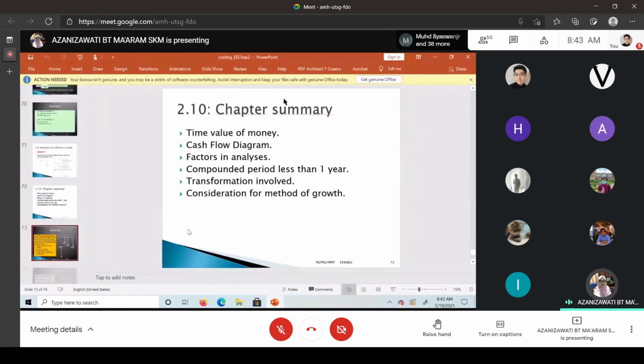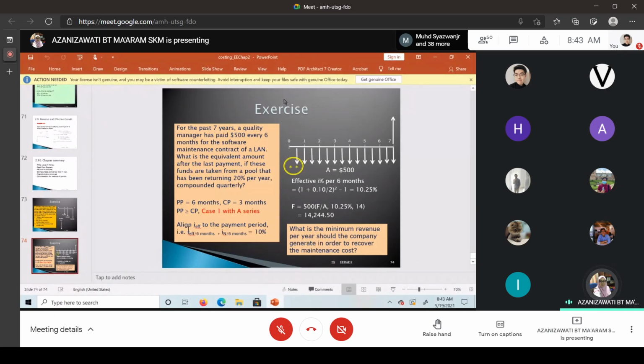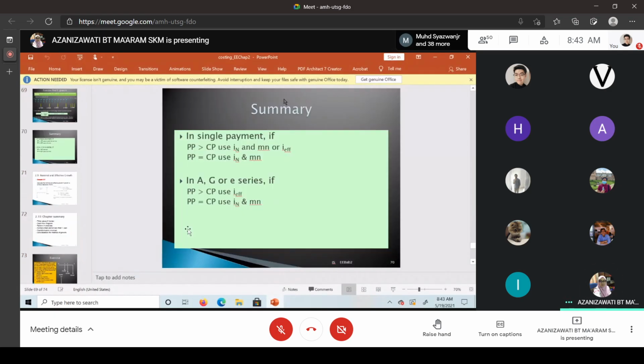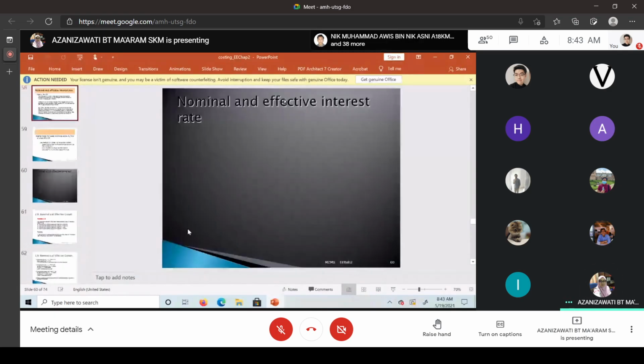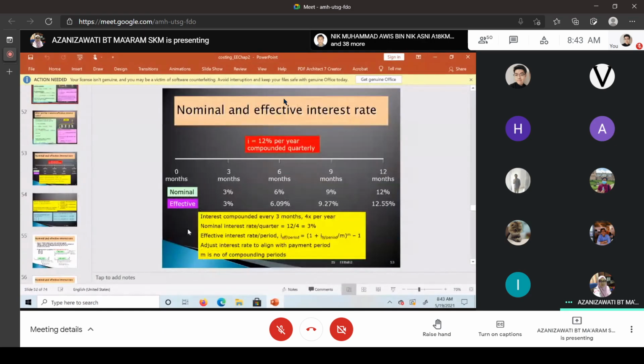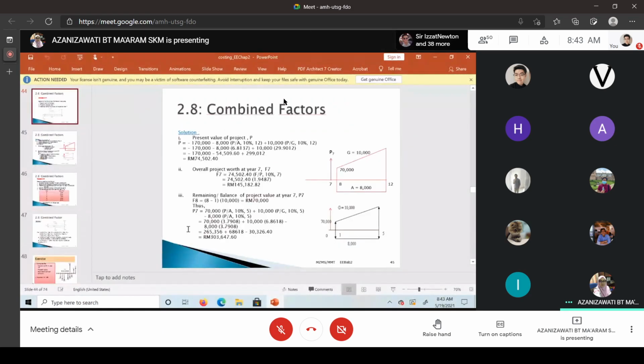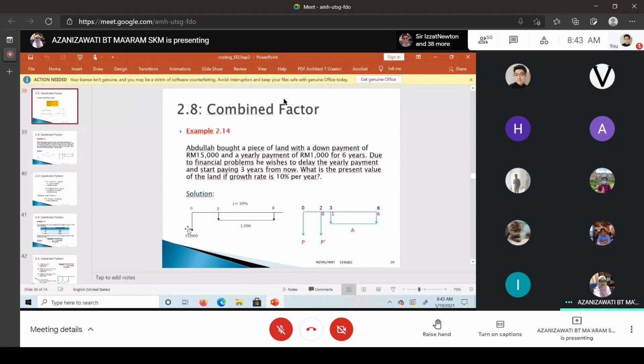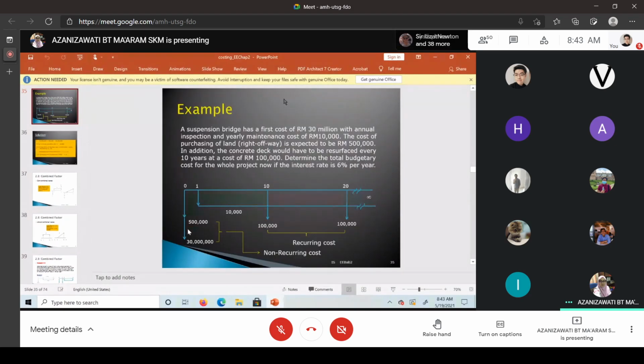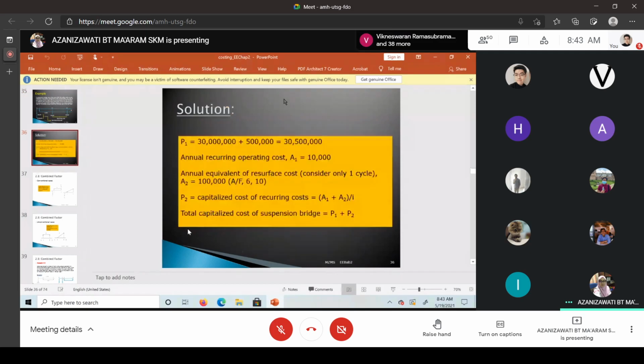Banyak lagi nominal dengan effective rate belum masuk ni. Ini 4 point costing. Tak ada. Kalau ada aku dah buat lah. Kira lah siapa-siapa.